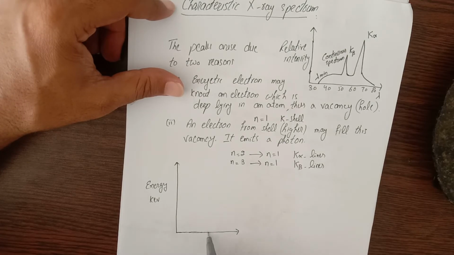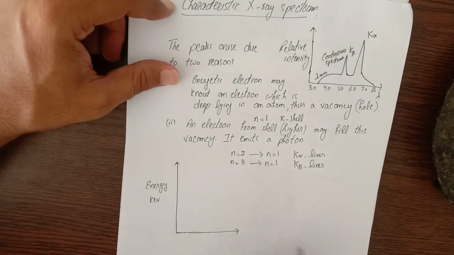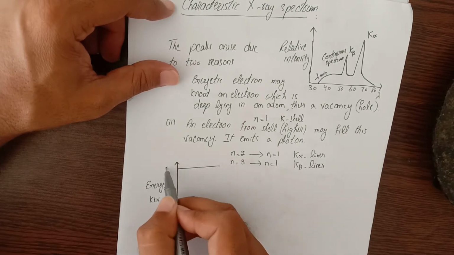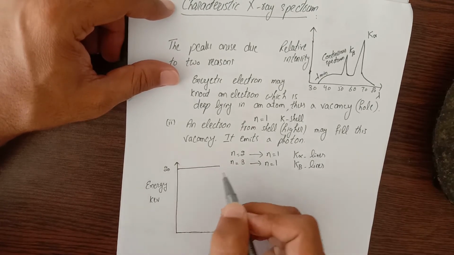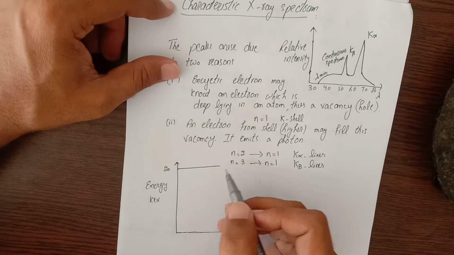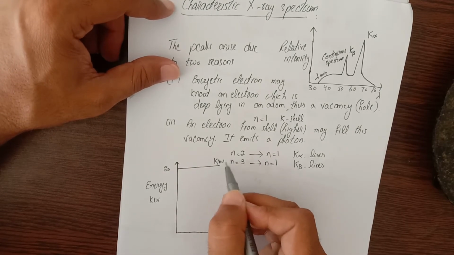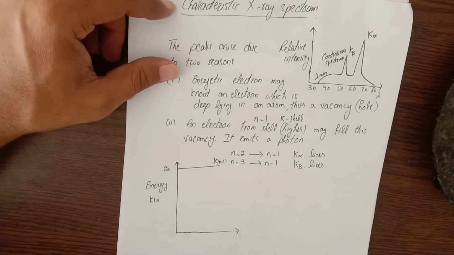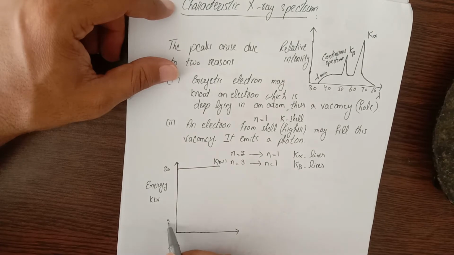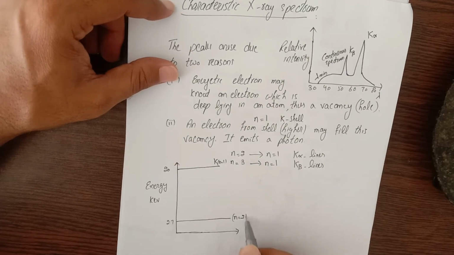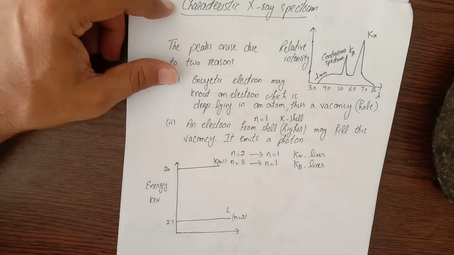This zero level represents the ground state, and this 20 kilo electron volt represents the K shell, n equals 1, and this 2.7 kilo electron volt represents n equals 2, or the L shell, right?